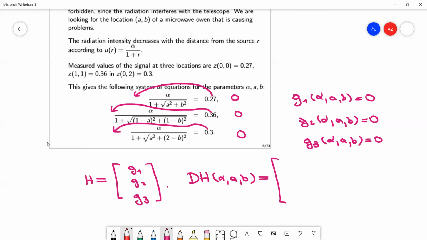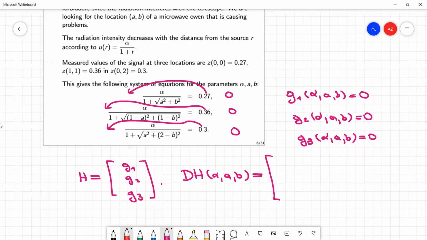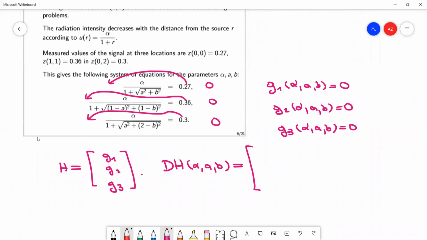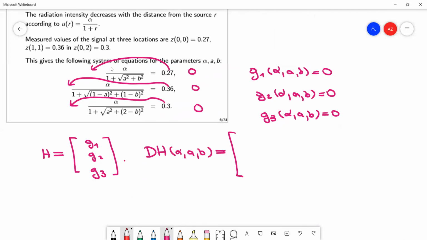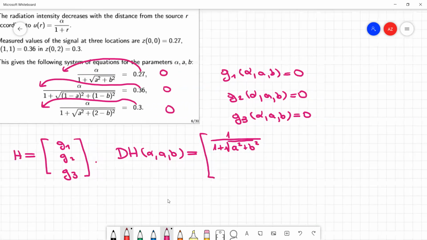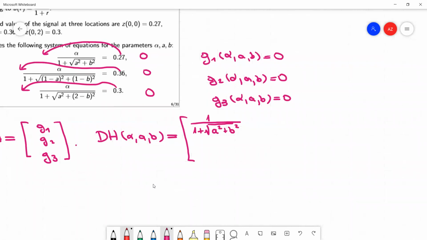So only this first part is important. So let's do the calculation. When we take the derivative of this function with respect to alpha, we get 1 over 1 plus the square root of a squared plus b squared. So this is the partial derivative with respect to the first variable.